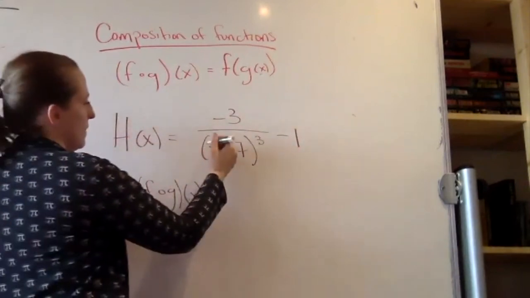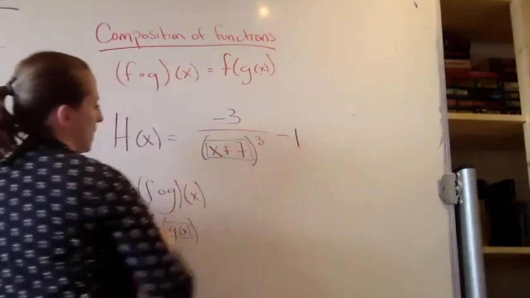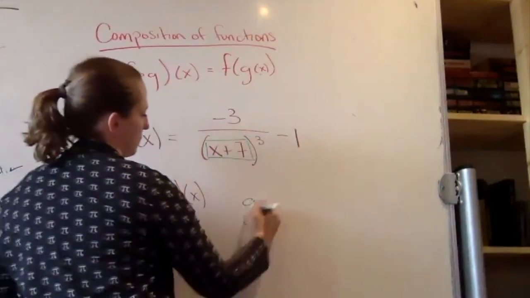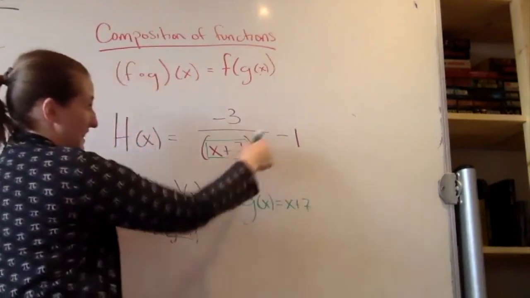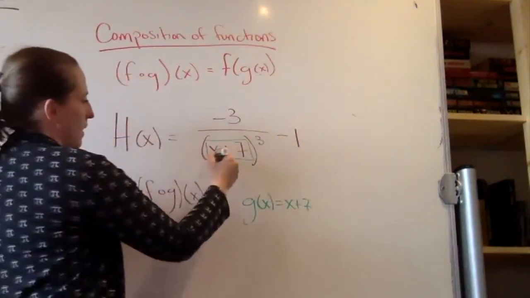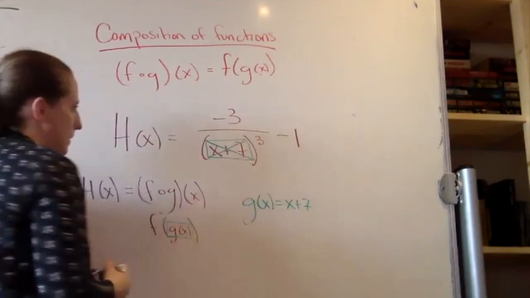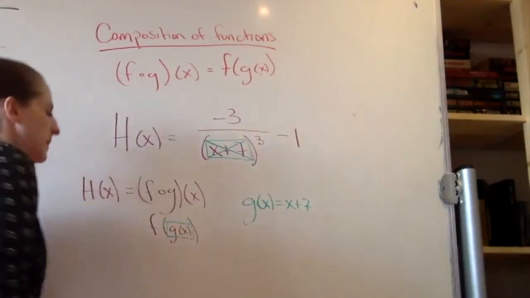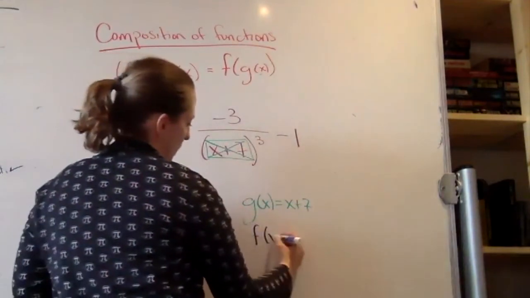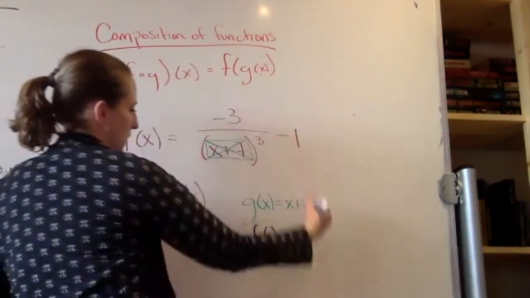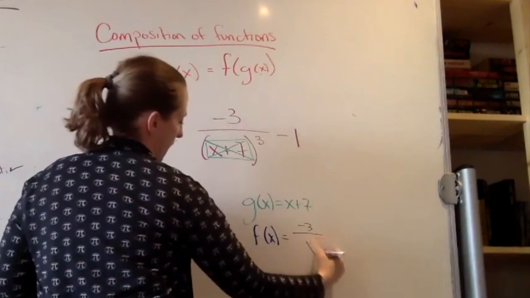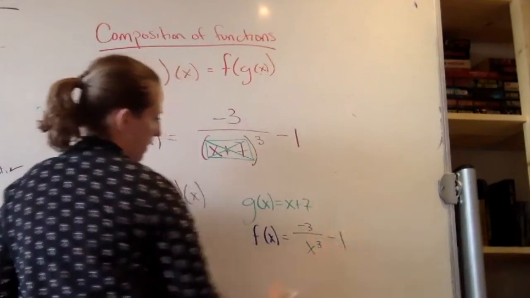So is there something up here that I can think of as an inside function? Well, what if I let my g be equal to x plus 7? That's certainly inside the cubing function. Well, then I've used this up, and what's left to be my f? Then f is going to be equal to -3 over x cubed, minus 1.